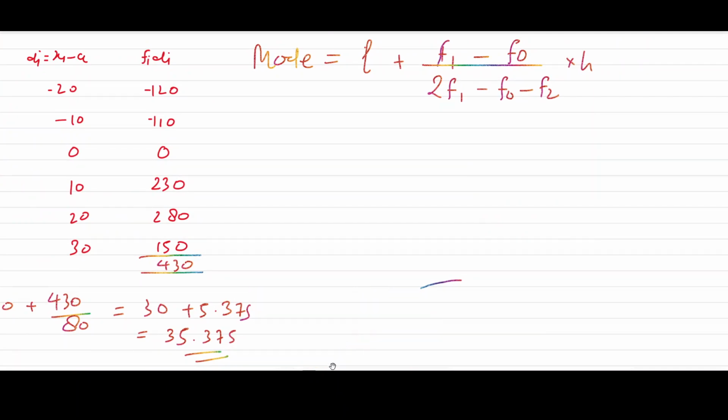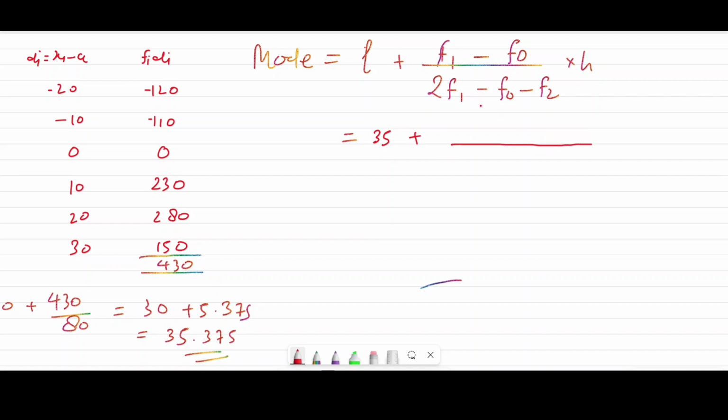Now here, what is the value of the lower limit? That is 35. So put here 35, then put the value of F1.